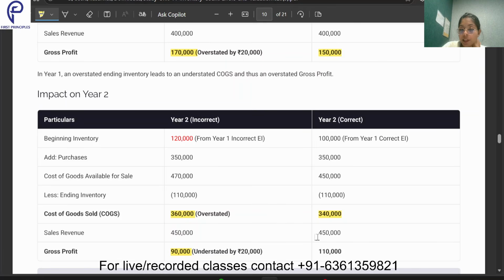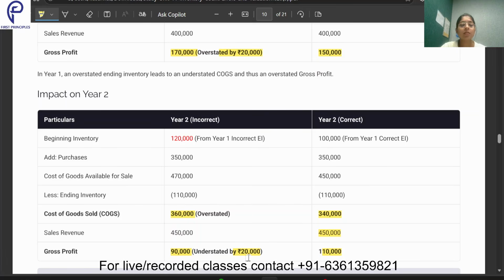But in reality, it should be 4,50,000 minus the correct cost of goods sold of 3,40,000, which is 1,10,000. So the gross profit which was overstated by 20,000 in year 1 is now understated by 20,000 for year 2.